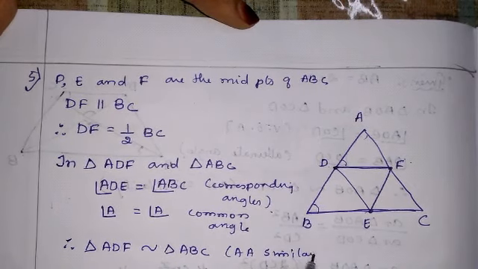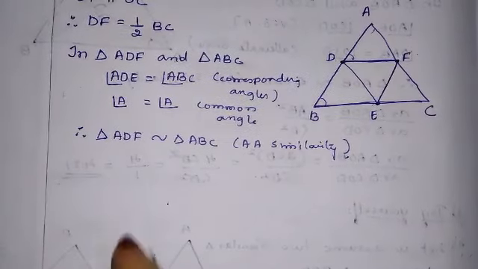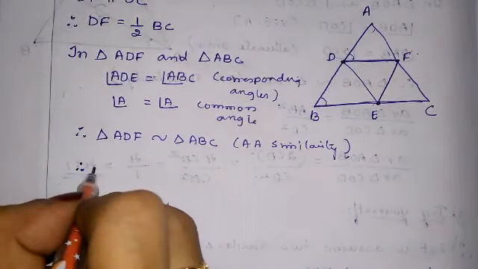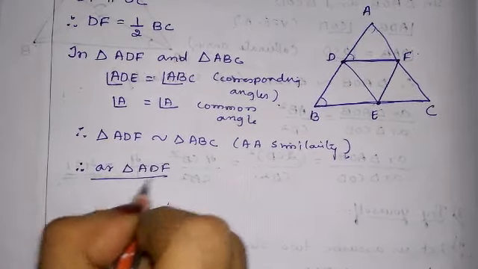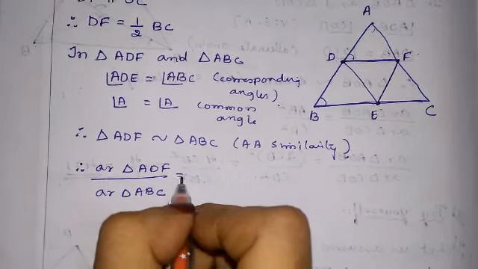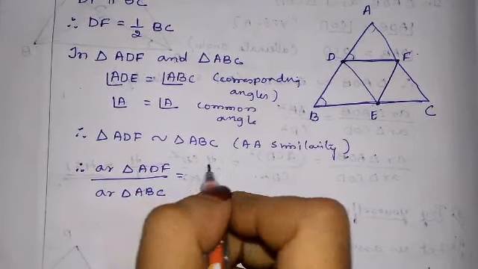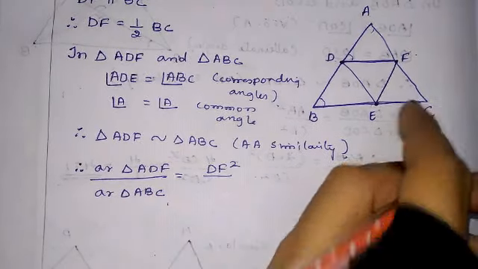They are similar triangles. Once the triangles are similar, their areas, according to the theorem, area of triangle ADF upon area of triangle ABC equals DF square upon BC square.